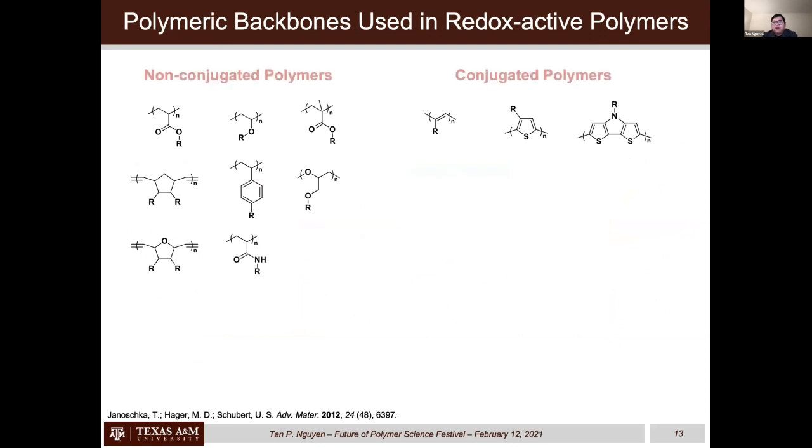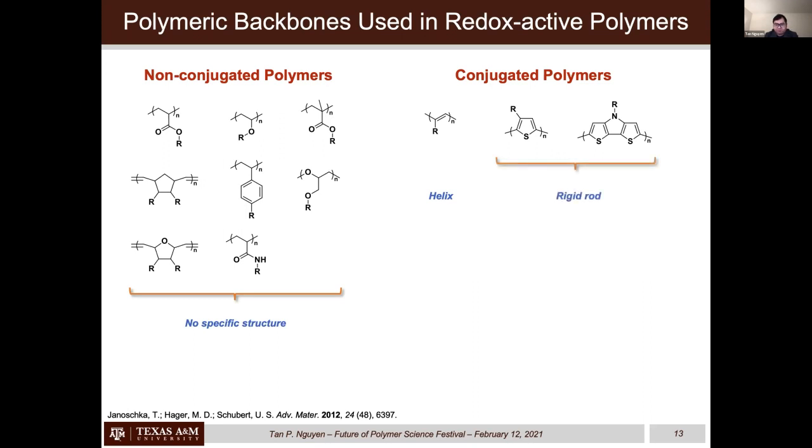They can be classified into two subgroups, the non-conjugated polymers and the conjugated polymers. In terms of conformation, the non-conjugated polymers don't have any well-defined structures, while the conjugated polymers can be helical in the case of polyacetylene, or rigid rod in the case of paraphenylene-based polymers.